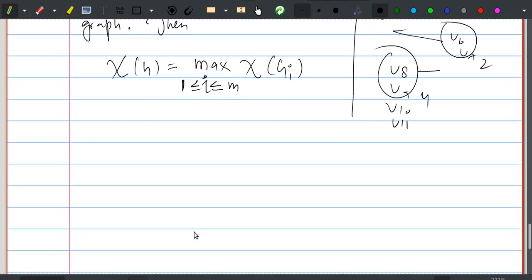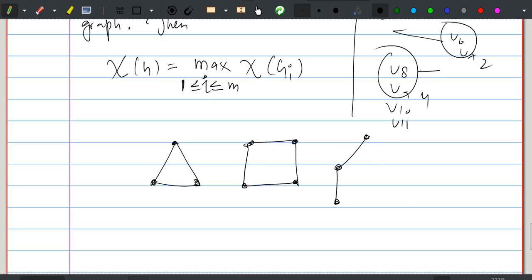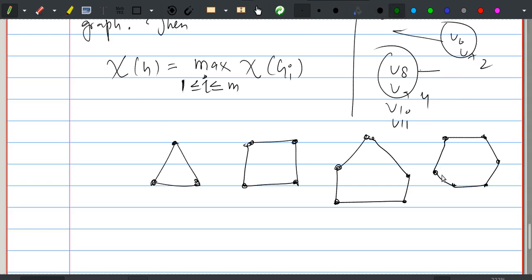So now let us look at the cycles. Suppose we have a 3 cycle here, then a 4 cycle, then a 5 cycle, then 6. Now let us color these vertices.